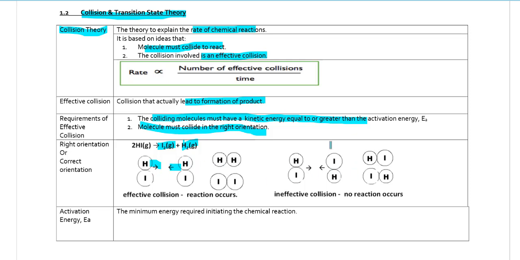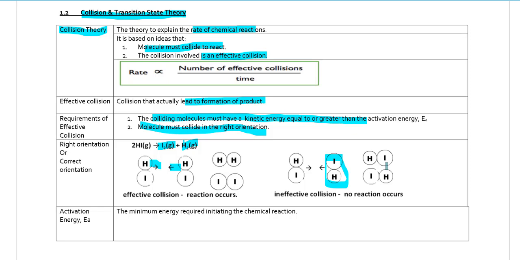If it is colliding like this, this one is upside down, so it won't produce the desired product. So the colliding molecules must collide in the correct orientation. Orientation means correct position.